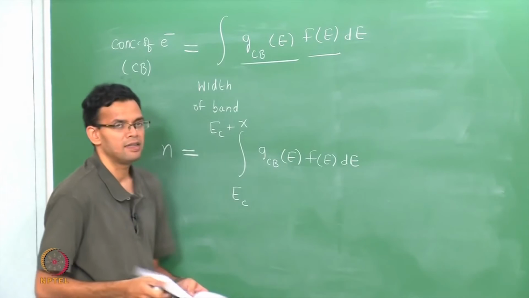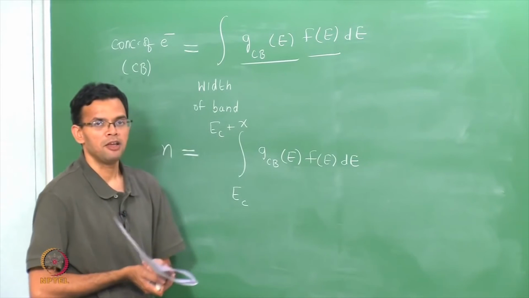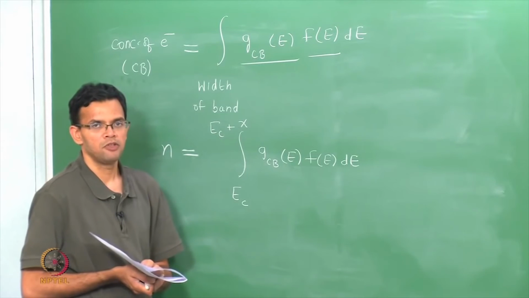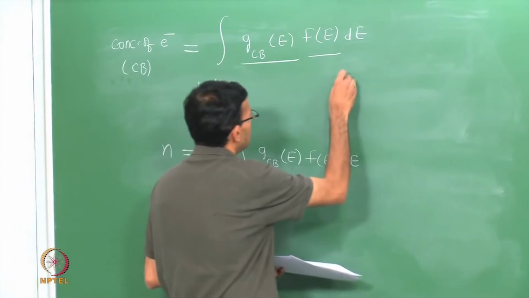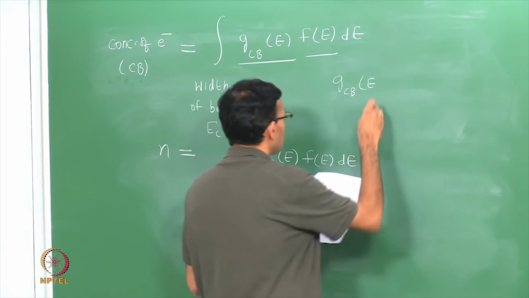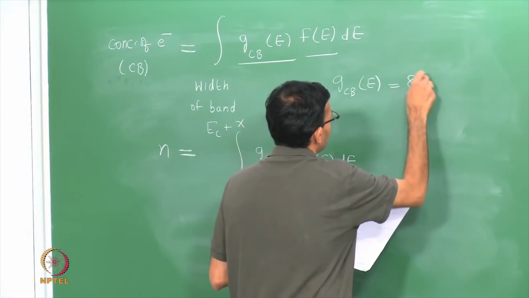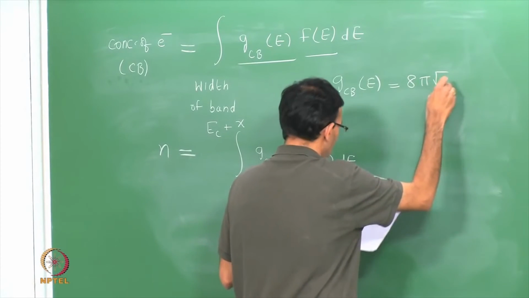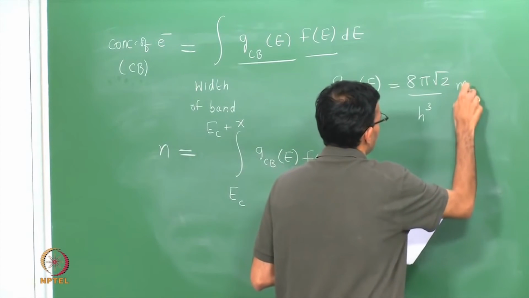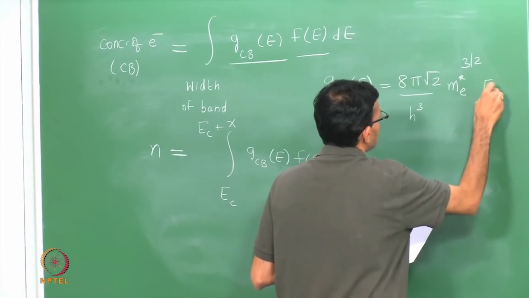Now, we want to calculate the density of states, and silicon is a real crystal, but we can make use of the assumption of a solid with a uniform potential, which we did earlier. For a solid with a uniform potential, the density of states is given by 8 pi square root of 2 by h cube, me star, which is the effective mass of the electron in the conduction band, times E to the half.